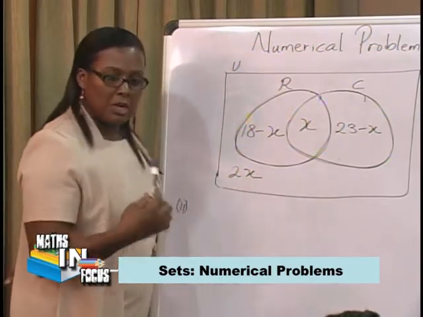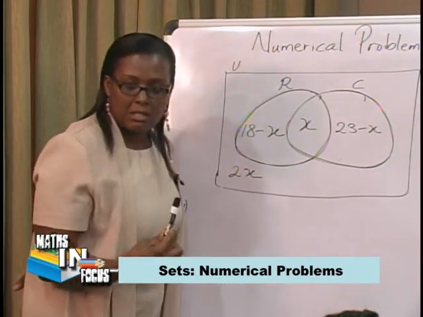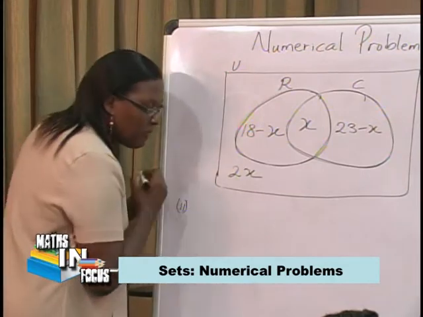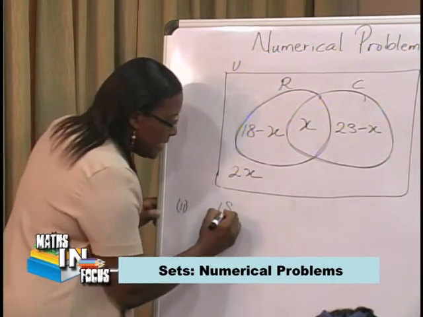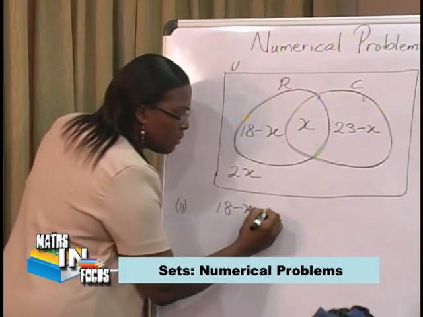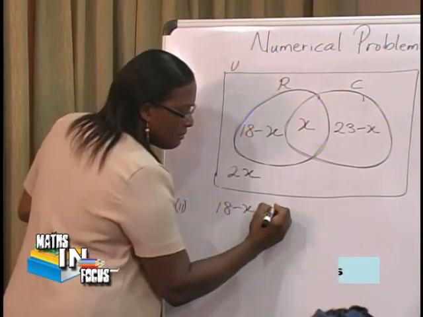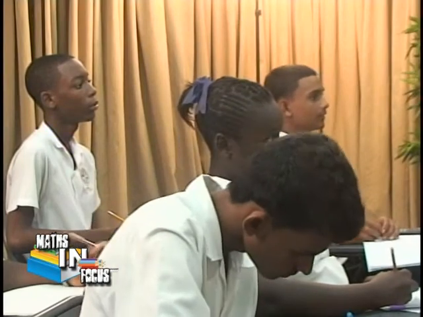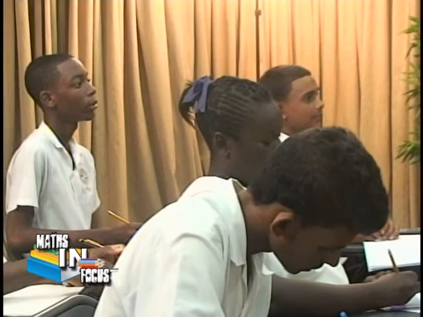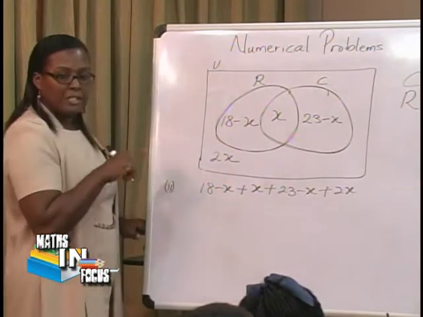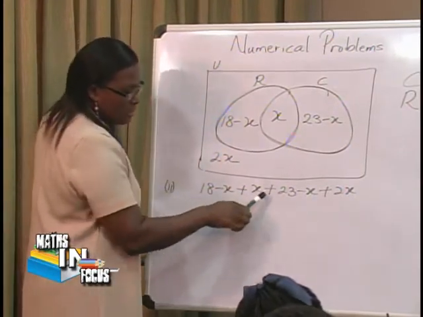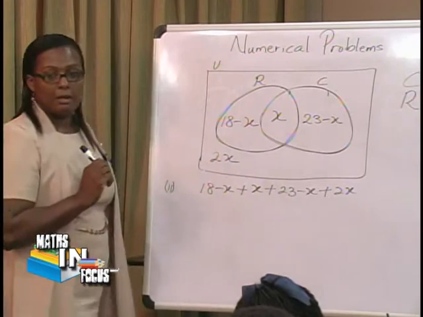And when you look at our expression, you must see terms in X. So what's the first term I'm going to write? 18, take X. Then we're going to add that to X. Then add it to, and what do we have next? 2X. And this here is what is called an expression with X terms. See the X's there?